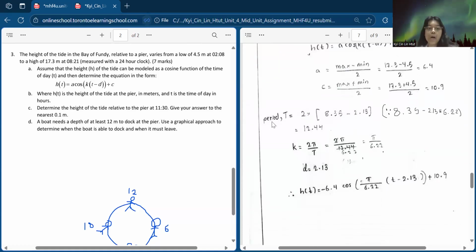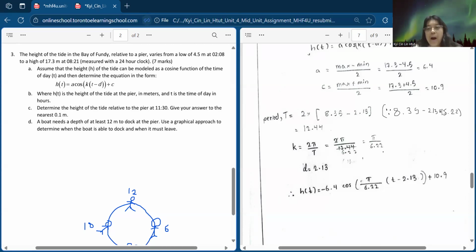Now, the reason why I multiply the period by 2 is because if we take away 2.13 from 8.35, we get 6.22, and that's half of one full cycle.